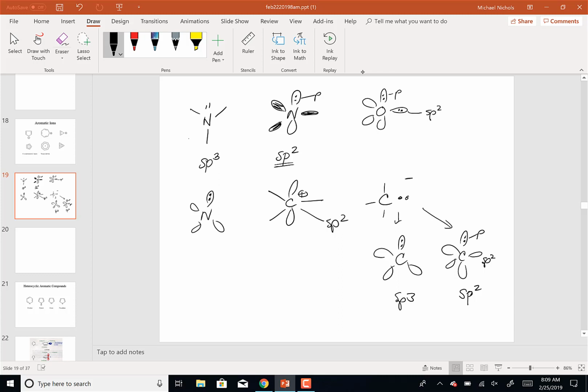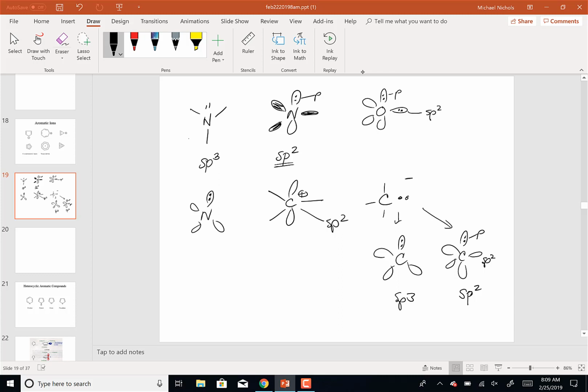So these atoms can choose to be sp2 when they can throw their 2 electrons into the pot and basically end up with 4n plus 2 pi electrons. In other words, they're going to choose to be sp2 when they can make the system aromatic. And they will not choose to do this when the system would become anti-aromatic.